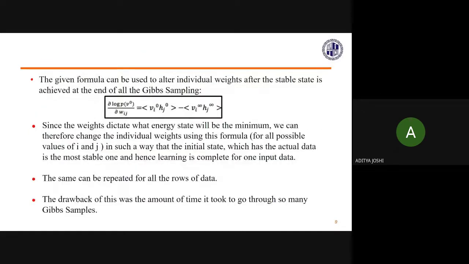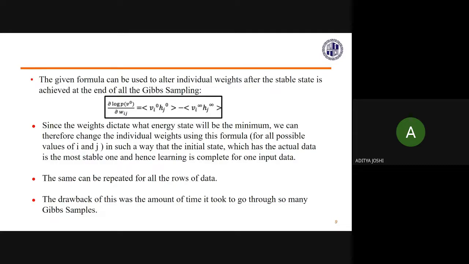So the second step is applying this formula, and it's a localized learning algorithm, which means we'll be tackling each and every weight between two possible nodes, and that is why you can see the term Wij, which means the weight on the connection between visible node i and hidden node j.